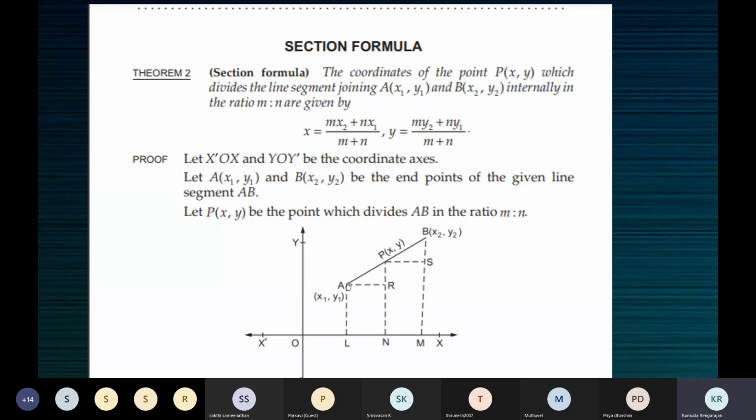From A, draw AR perpendicular to PN. From P, draw PS perpendicular to BM. Like this, we get two triangles, ARP and PSB.